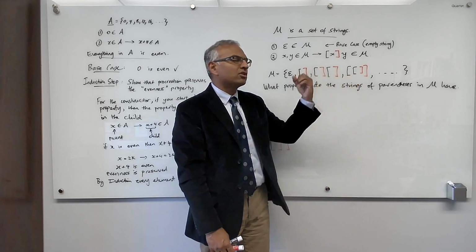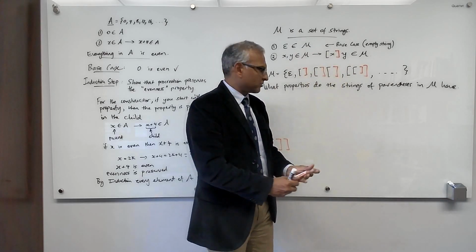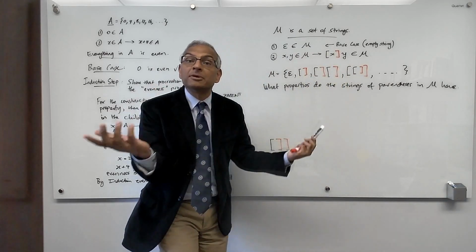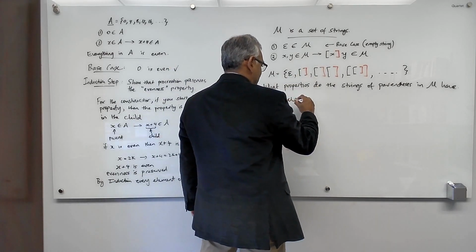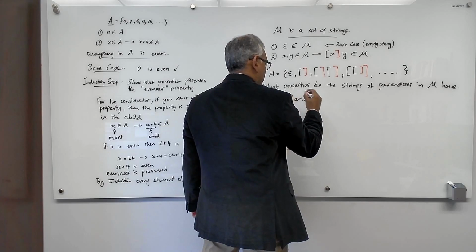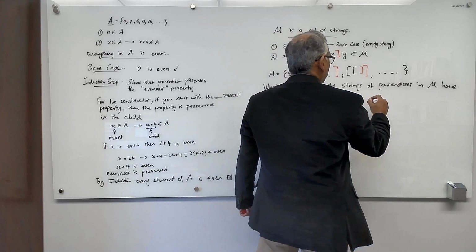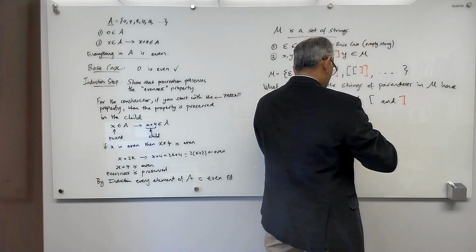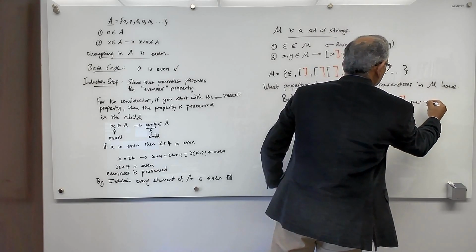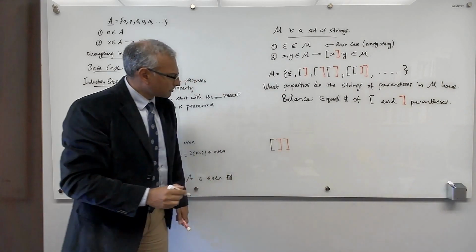We call such a string of parentheses balanced whenever there are an equal number of both. So balance is a property of a string of parentheses: equal number of open and close parentheses.